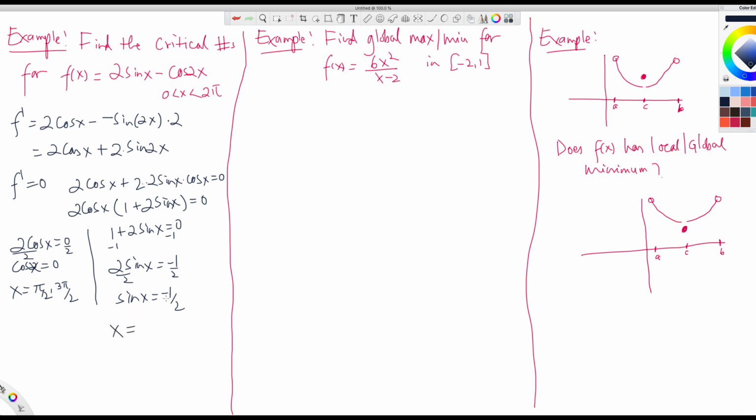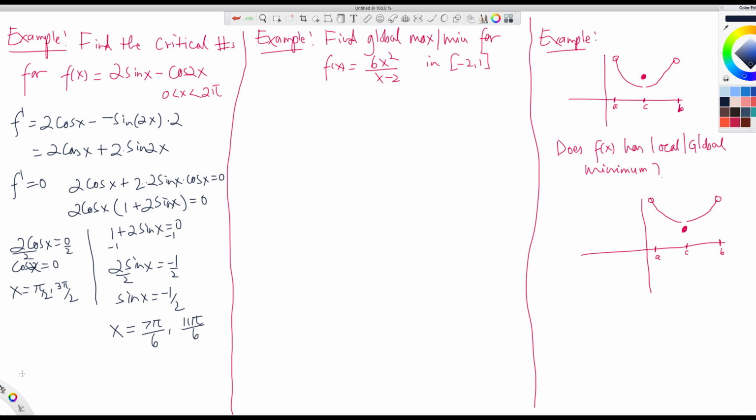Because sine 30 degrees is positive 1/2, so sine pi over 6 is positive 1/2. To find the value in the third quadrant, you do pi plus pi over 6. That will be 7 pi over 6 is one value. That is 210 degrees. Okay, and then you do 2 pi minus pi over 6. You will get 11 pi over 6. That is for the fourth quadrant.